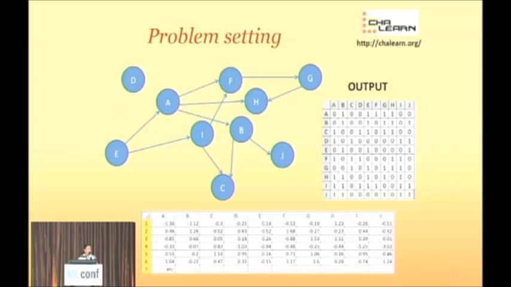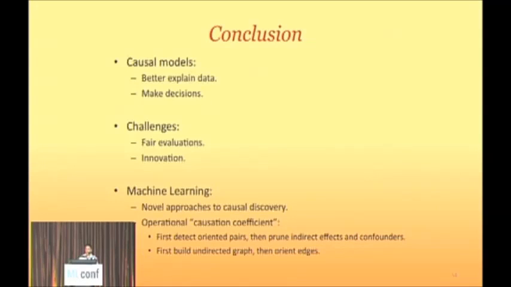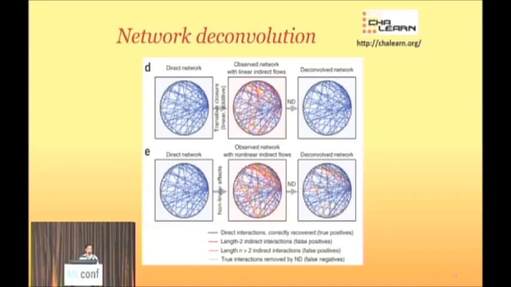But the really interesting thing that came out of this other challenge and ties into the first one is that people singled out a method that was published in Nature before called network deconvolution, which allows you, whenever you start with connections between two nodes, to suppress the spurious connections.